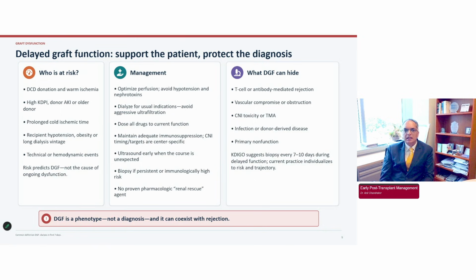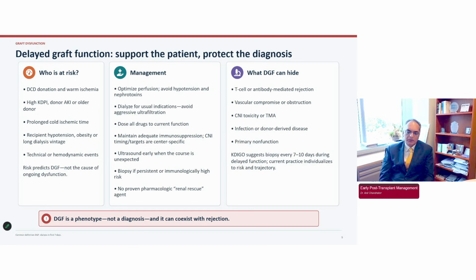Delayed graft function itself is a phenotype. It's not the actual cause of ongoing dysfunction. And many things can present as delayed graft function: recurrent disease, T-cell or antibody-mediated rejection, vascular compromise, CNI toxicity, or it can be a combination of factors.